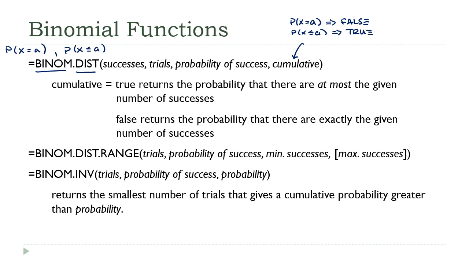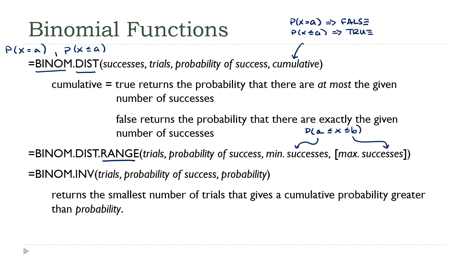Okay, this next one, if you want to do a range, a between, if you want to do the probability of A less than or equal to X less than or equal to B, then you can use this range version, and you're going to put your A in here for the minimum number and your B in here for the maximum number.